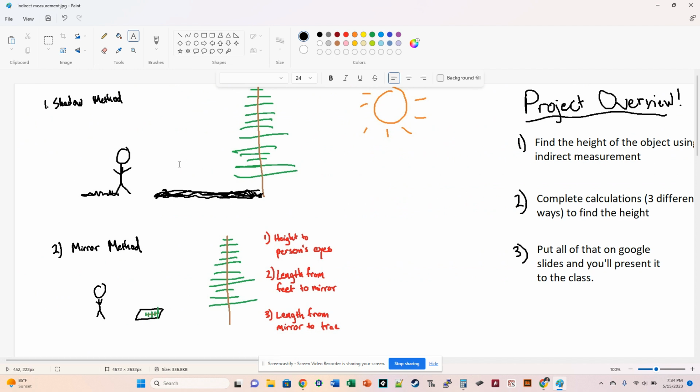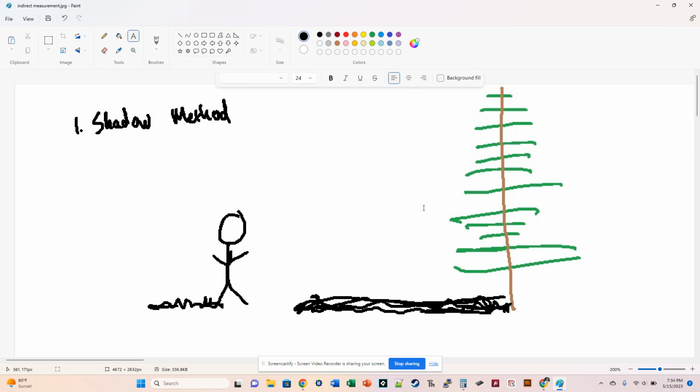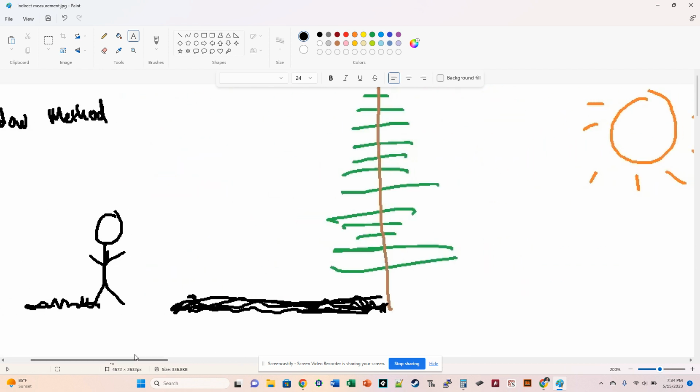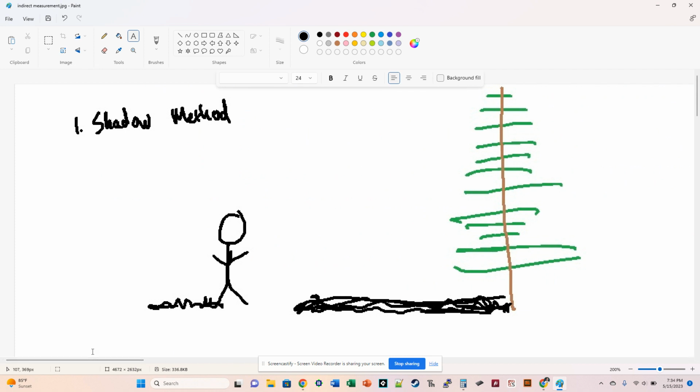I'm going to zoom in on this one, the shadow method. Because of the sun, it forms a shadow, and you can use that shadow to calculate the height of something tall. You should have three different measurements written down.